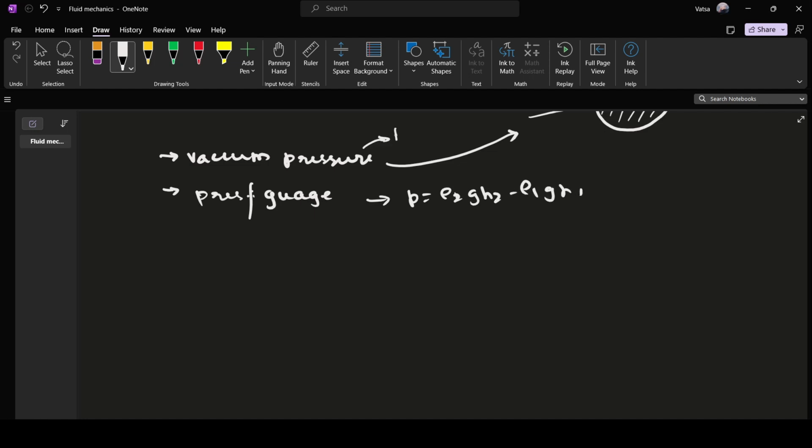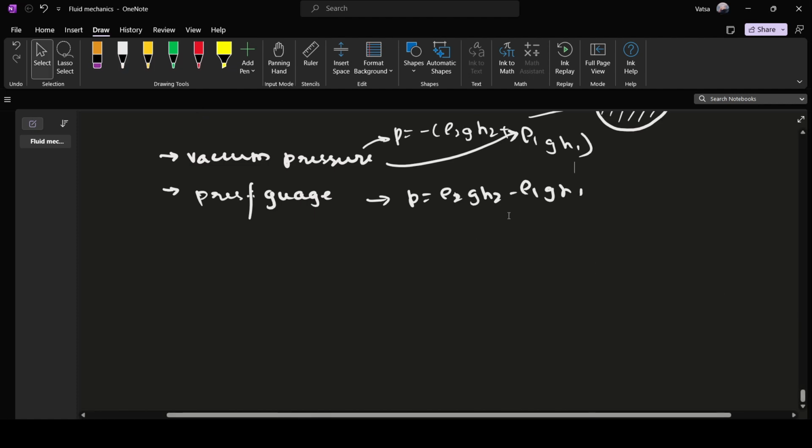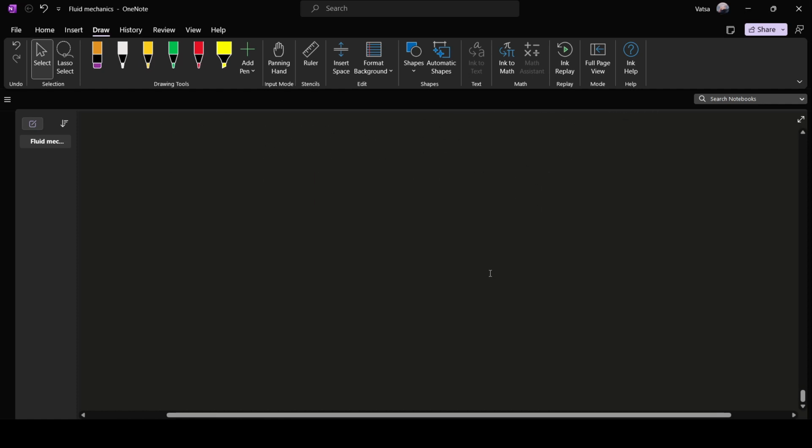For vacuum pressure, you use P is equal to minus rho 2 G H2 plus rho 1 G H1, because it's just the opposite sign convention. That's it, nothing special. So that's it with our simple U-tube manometer.